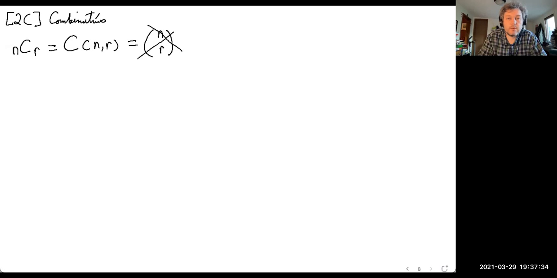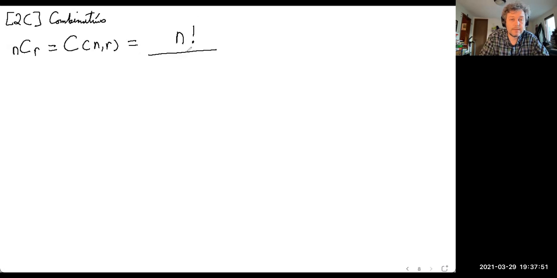So I'm going to take that away. However, I just wanted to mention that if you're looking at websites, you might find that kind of notation.